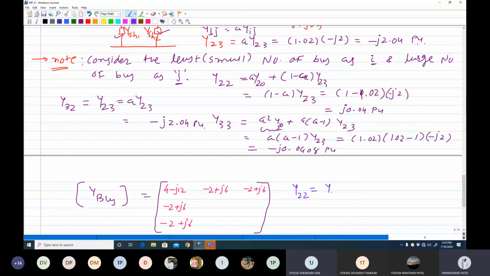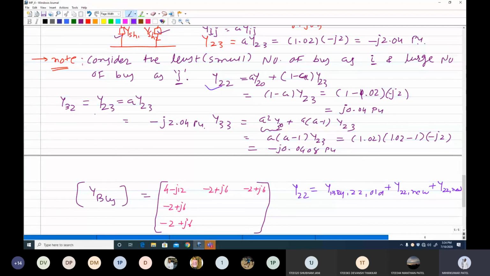Just place Y bus 2 old, which you have already derived, plus Y22 new, which you have calculated over here, and the transfer admittance between bus number 2 and 3, which you have calculated.